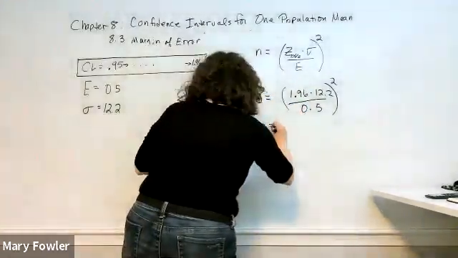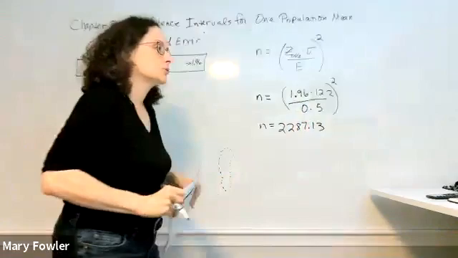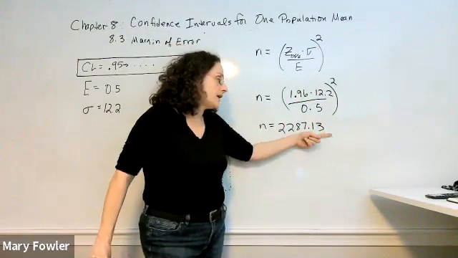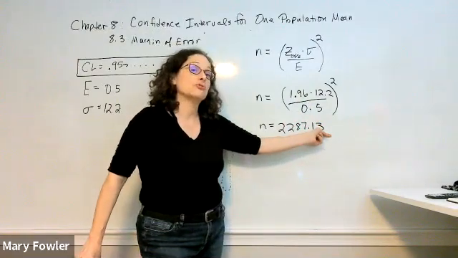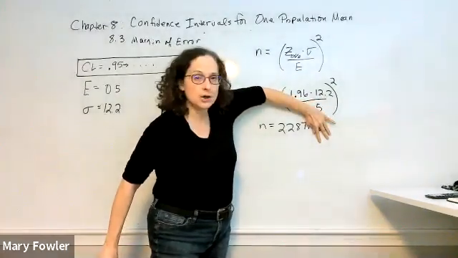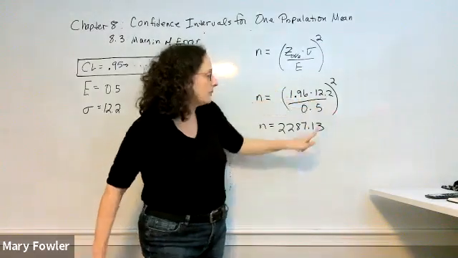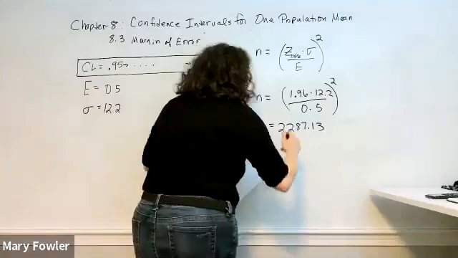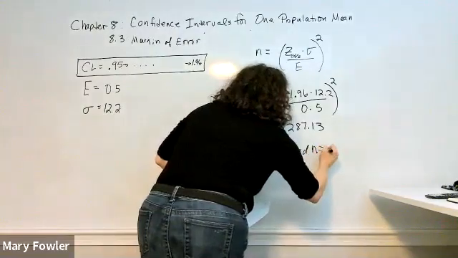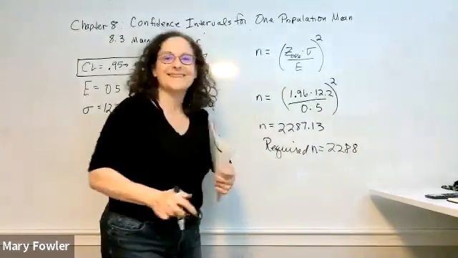And we get 2,287.13, but you're going to round up. If you were just rounding, you would go to that number, but because this is a sample size problem, we have to round up, so the required sample size is 2288.